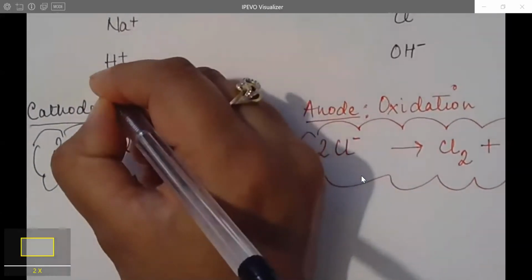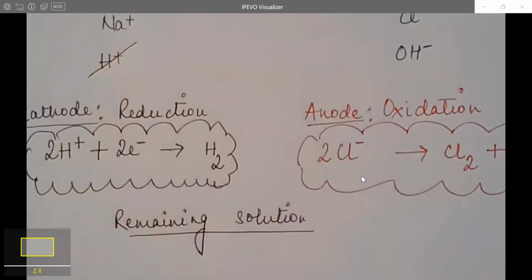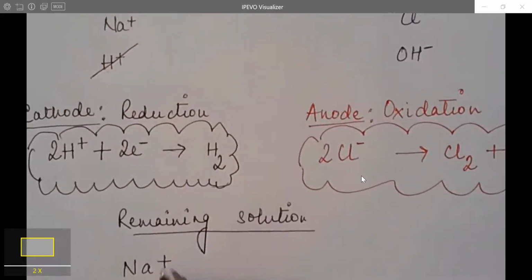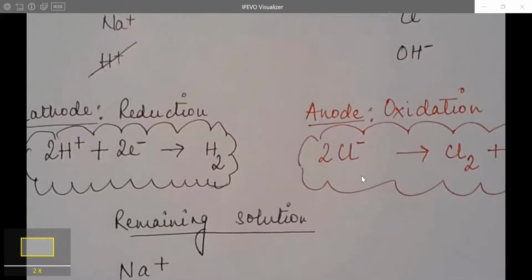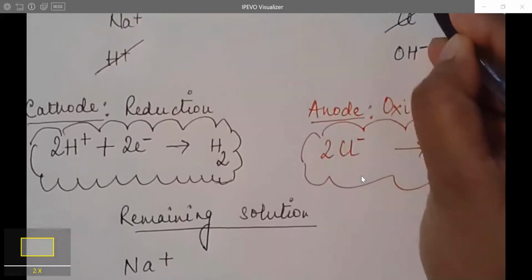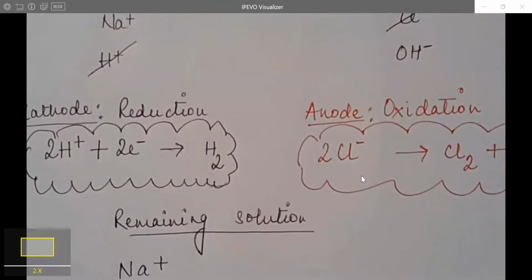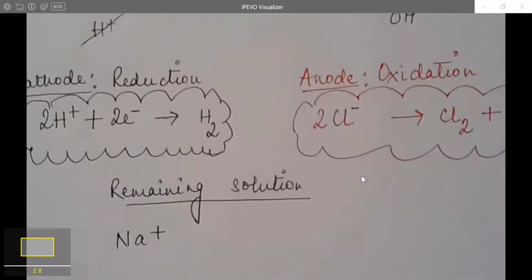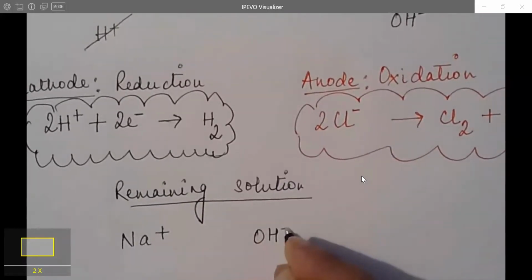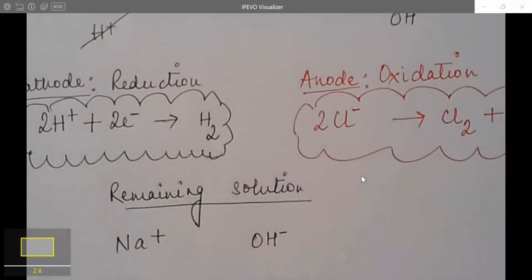So we can strike off hydrogen ions because they have been deposited. So in the remaining solution, we still have some sodium ions. And out of the pair of the negative ions, we can strike out chloride ions because they have been formed at the anode. But we are left with the hydroxide ions that have stayed back in the solution.